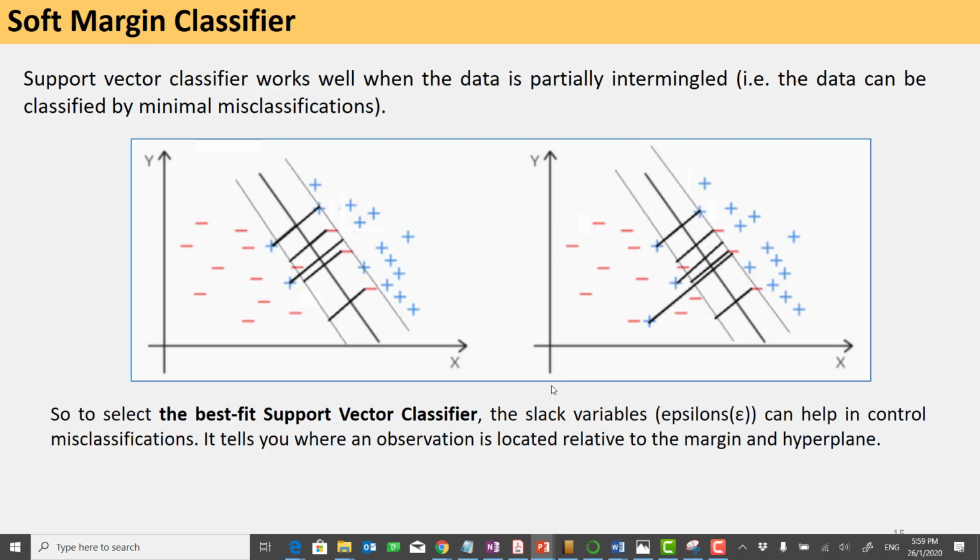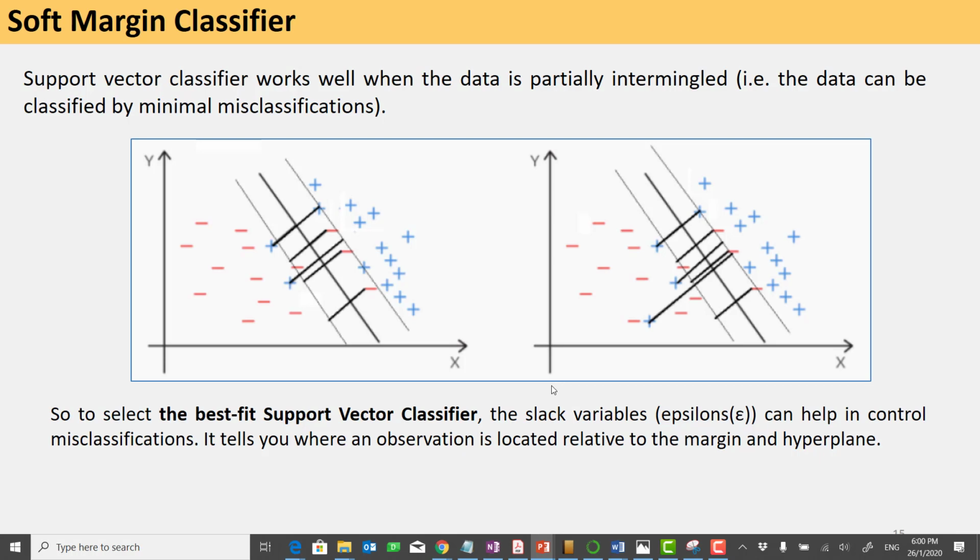In the next picture on the right side, you can see that the negatives and positives have both crossed the hyperplanes to the other side. So though we are trying to accept, with the soft margin classifier, some variance of misclassification, it is always a question of how much misclassification is allowed.